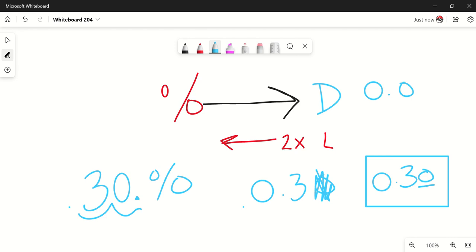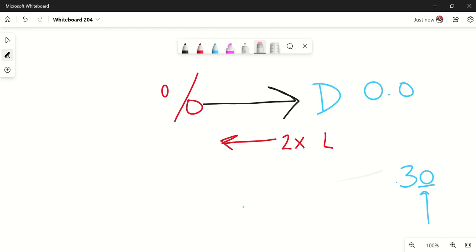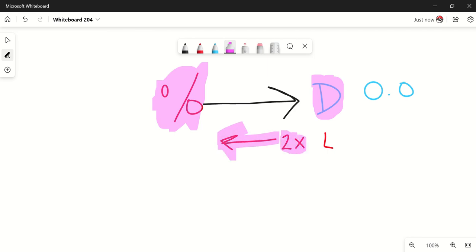If I add the 0 here, that's 30 hundredths, 30%. So again, this is a new approach. We haven't been using this so much in class, but now is the time to do this because this is going to be the easiest way to remember. To turn a percentage into a decimal, you want to move the decimal point twice to the left. It has to be a percentage to a decimal.